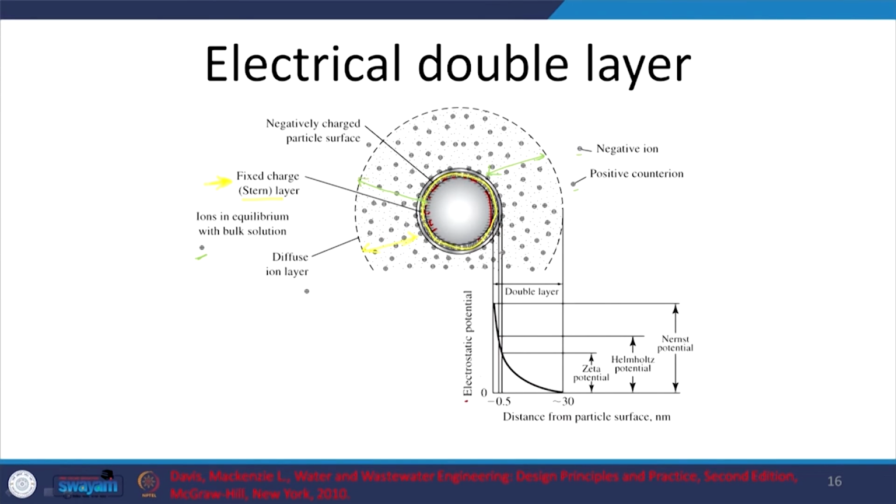As for the electrostatic potential, as we go closer it is much higher, and as we go far away, it decreases. That is one thing to keep in mind. And here we see something called the zeta potential. We will look at that, but note that it is the one that is relevant to the diffuse layer.